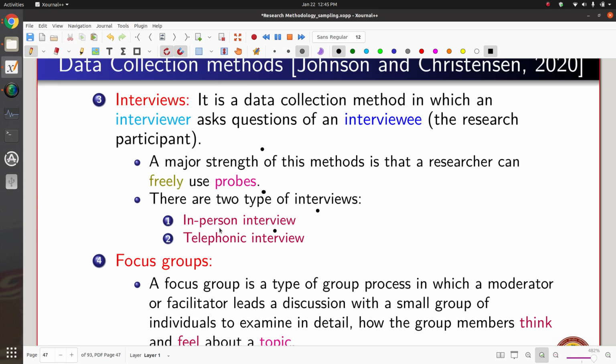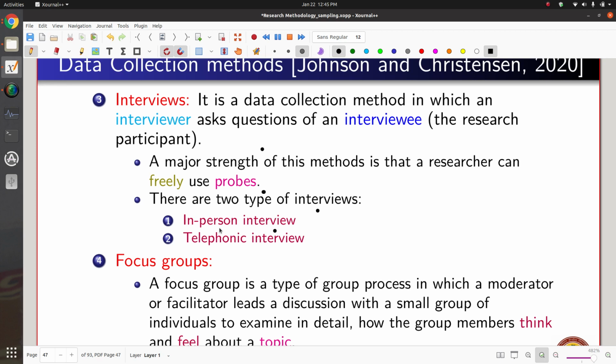Then that's why it is also important that जब आप फोकस ग्रुप्स को रिसर्च में यूज कर रहे हैं, तो मल्टीपल फोकस ग्रुप्स को यूज करें अपने रिसर्च के लिए, because if you are collecting data from only one focus group, then it may be the case that one focus group may not represent the general view.